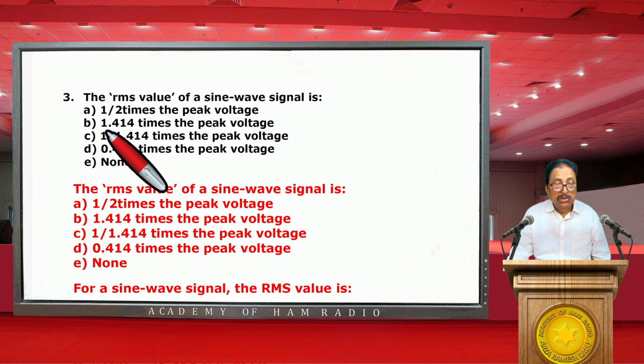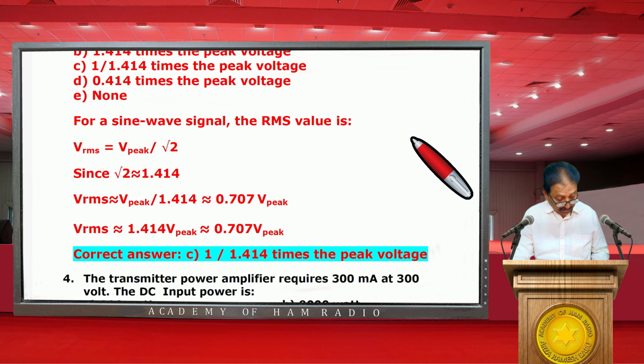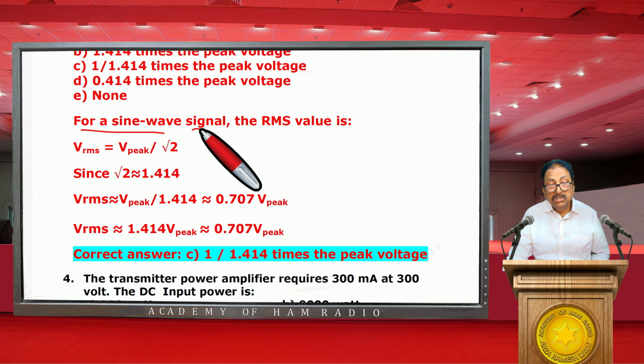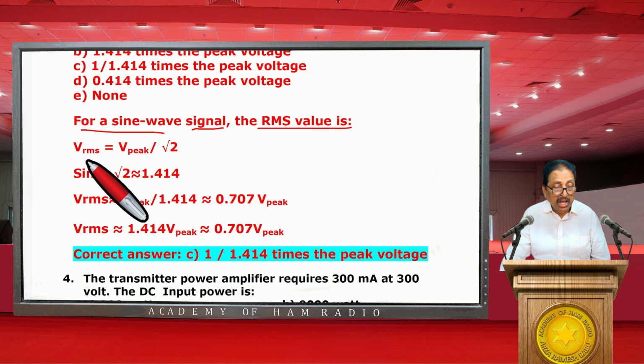The RMS value of a sine wave signal is, the correct option is 1 by 1.414 times the peak voltage. For a sine wave signal, Vrms is equal to V peak by root 2.